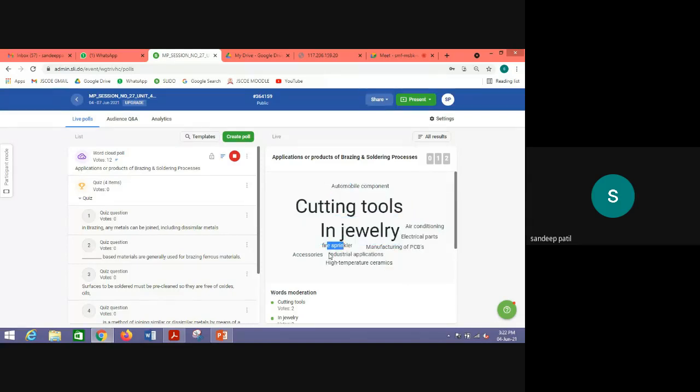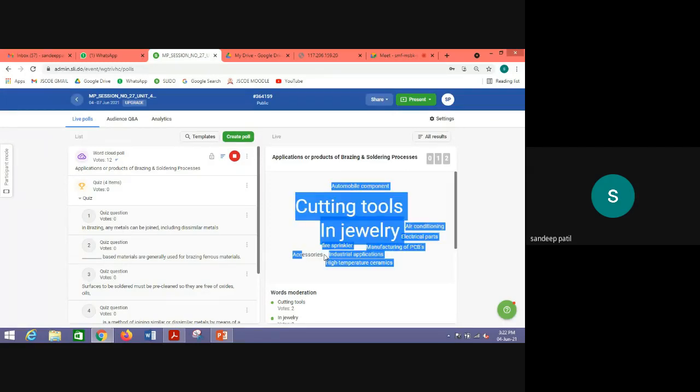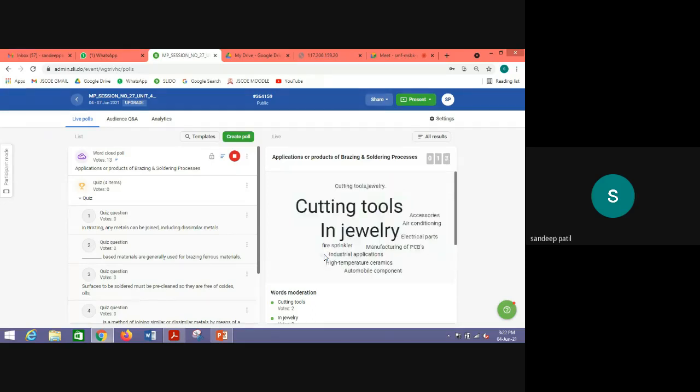Industrial applications, accessories. So generally, the brazing process is used where there is no high temperature requirement for that particular application. If there is a very high temperature service application, then we go for the welding process.